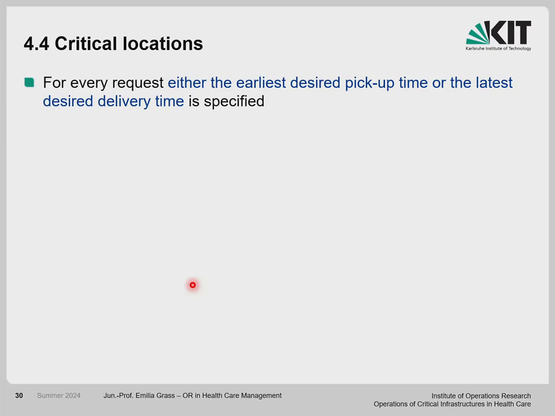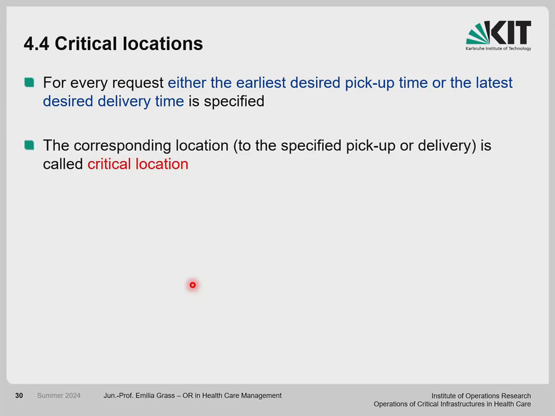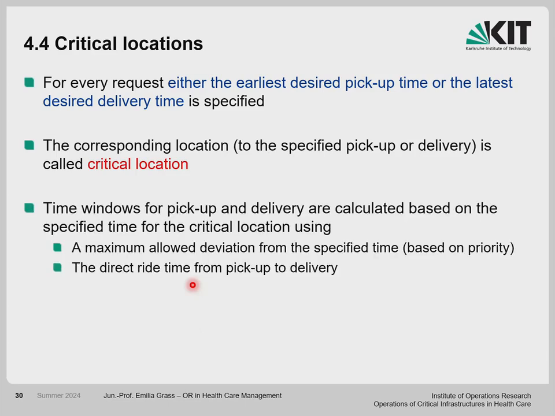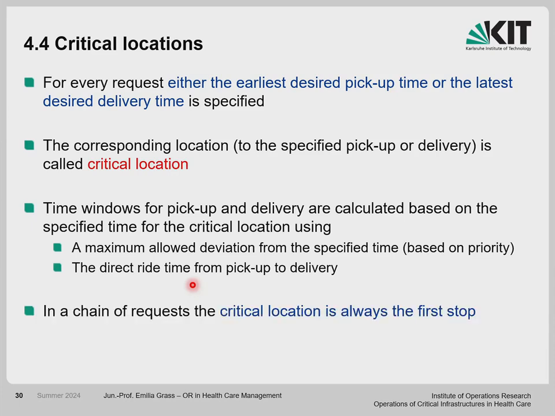We cannot violate that. So this is a critical location, the pickup and also the delivery location. And then we have particular time windows where we have to pick up and deliver the patient. The problem is that this critical location is always the first stop, obviously, because otherwise we would violate the time window we promised to pick them up.